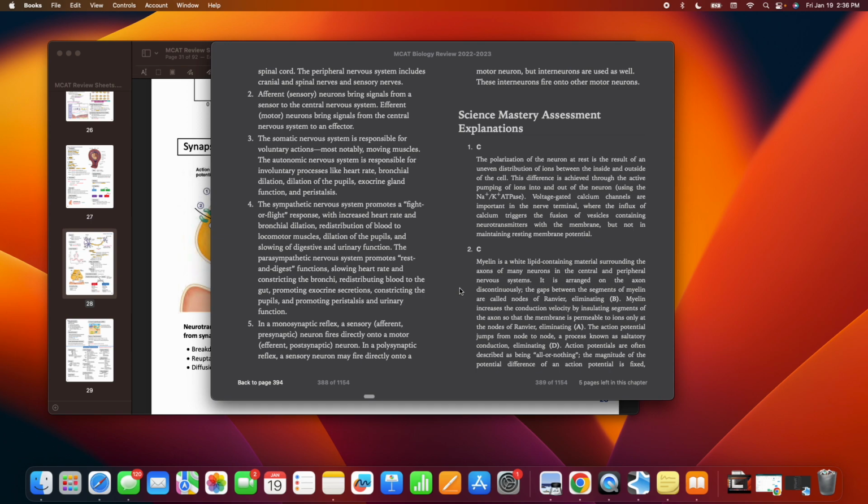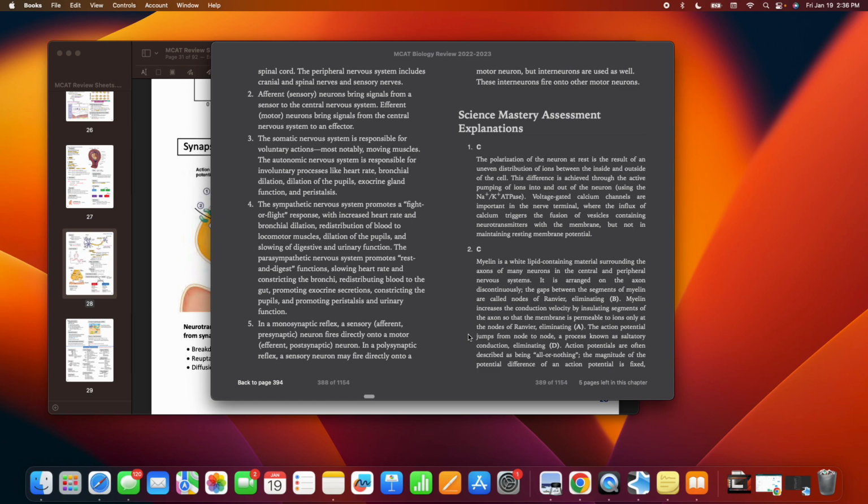So we just do it in a boom and bust fashion. You just work hard, velocity, and then you take a rest, and then do it again. Then we have the action potential, which jumps from node to node, a process known as saltatory conduction.